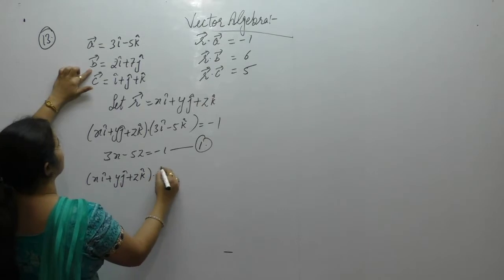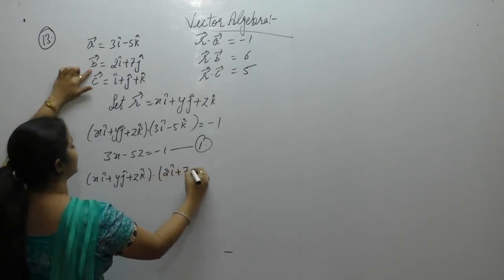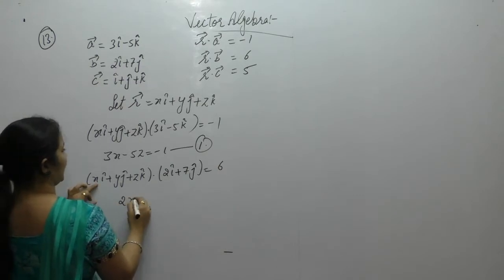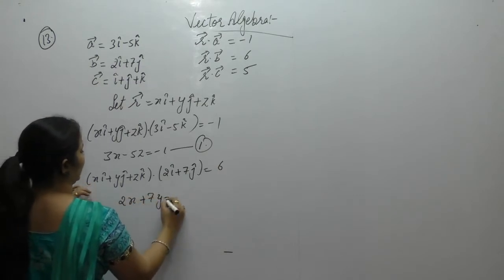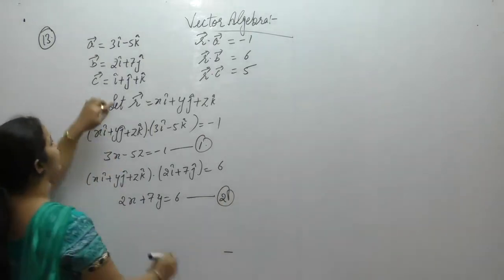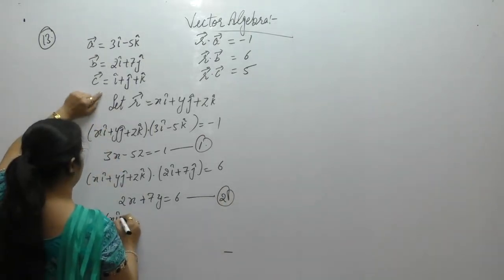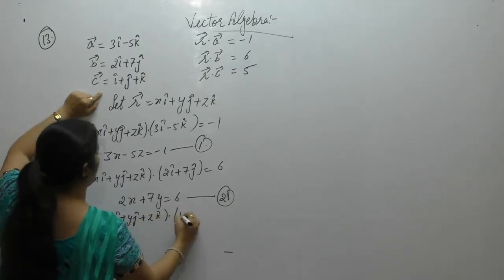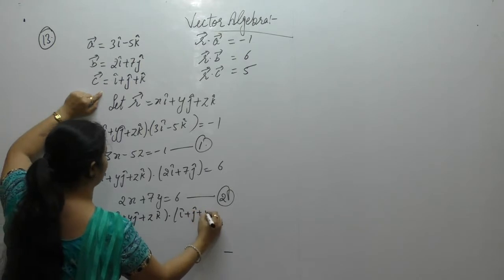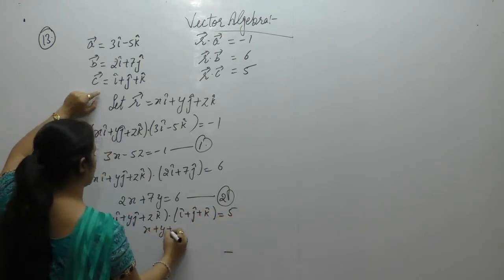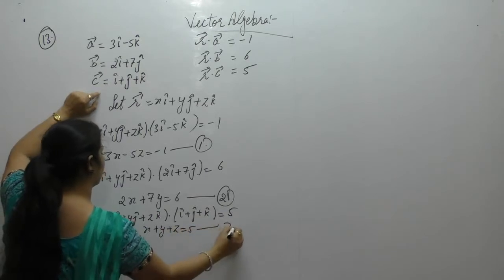B vector has value 2i plus 7j. 2x plus 7y is equals to 6. R vector dot C vector, xi plus yj plus zk dot i plus j plus k has value 5. X plus y plus z is 5.